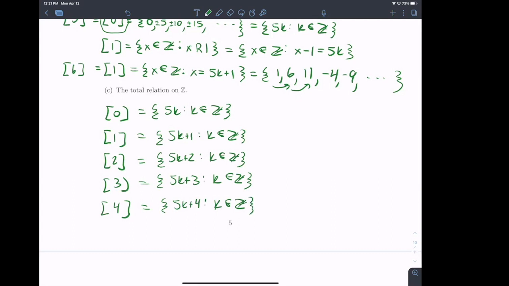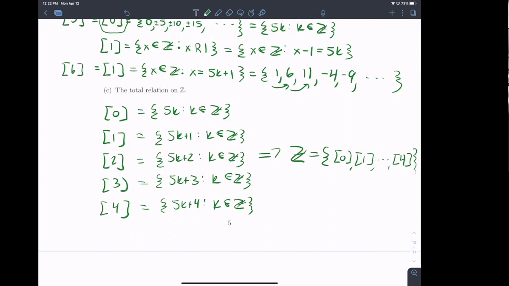And that's it. I don't need to think about the equivalence class for 5 because that's equivalent to this one. And I don't need to think about the equivalence class for 6 because that's equivalent to this one. So in the end, that gives us a partition of the integers into 5 equivalence classes for 0, 1, 2, 3, and 4.